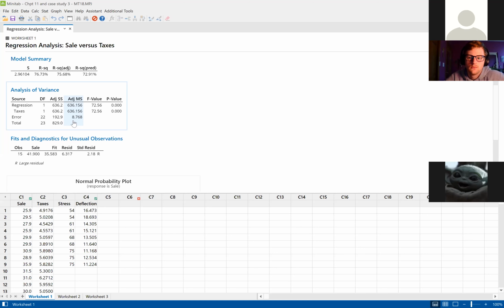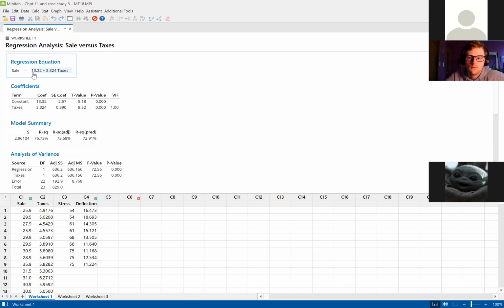The real thing that you're looking for is this regression equation, because this is what we would use to then compare our model to the raw data. And it's what we would use to make a prediction against another value. And that's what we're going to do here on our worksheet. But all of the information that we would calculate by hand is given to us in Minitab.